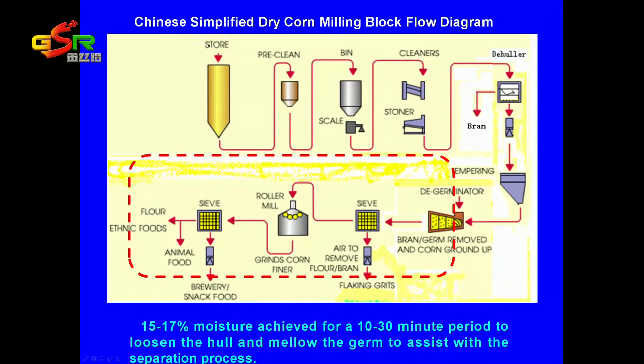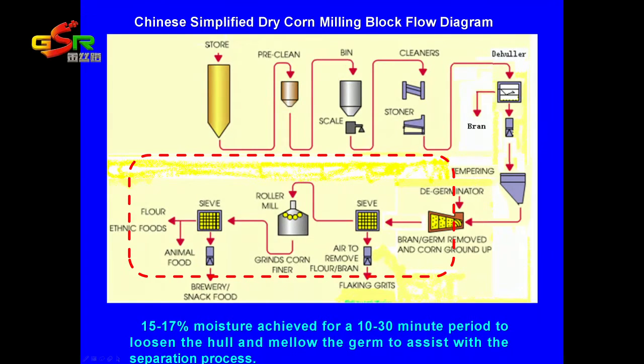And in this figure, we can find after the cleaning, the corn can be used in a conditioner to condition the moisture content between 15 to 17. Then the corn kernel goes to a dehuller to remove the bran.